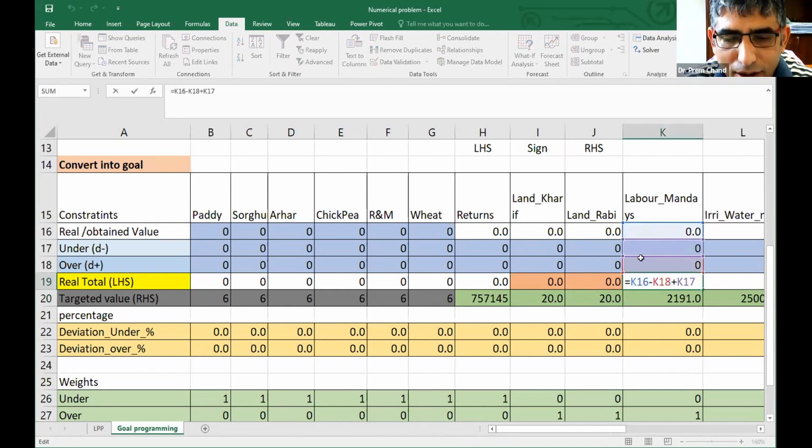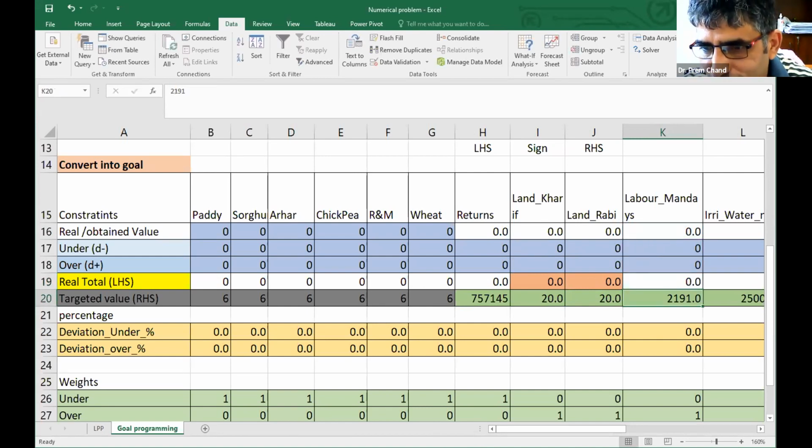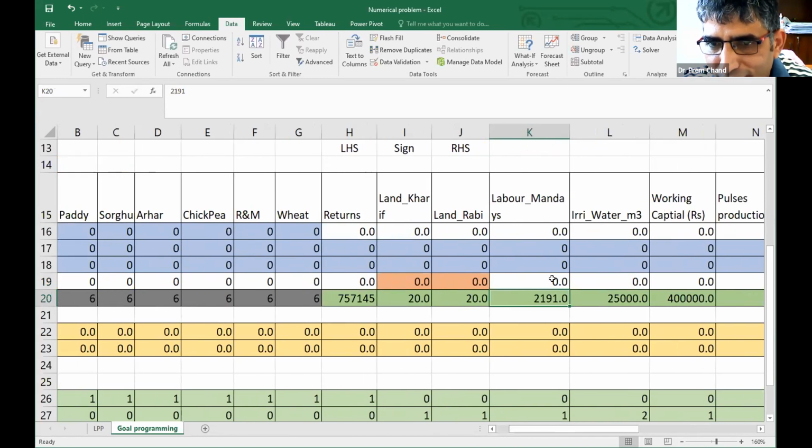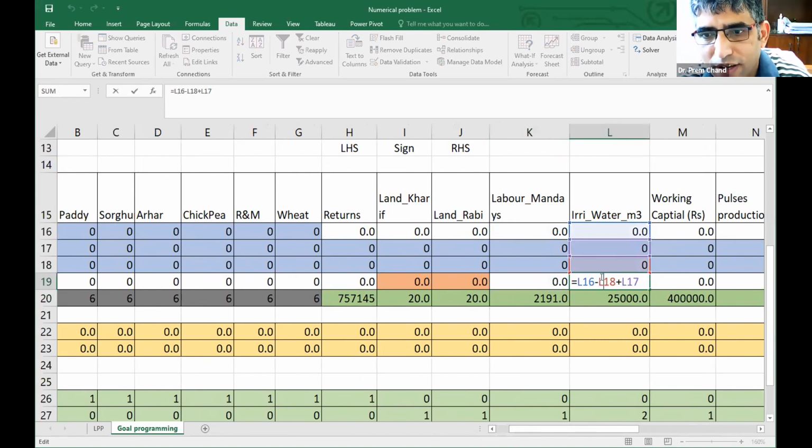For labor, I am flexible. If some additional labor is required, I will do it. And then water, I am saying that I can manage additional water from my neighbor.